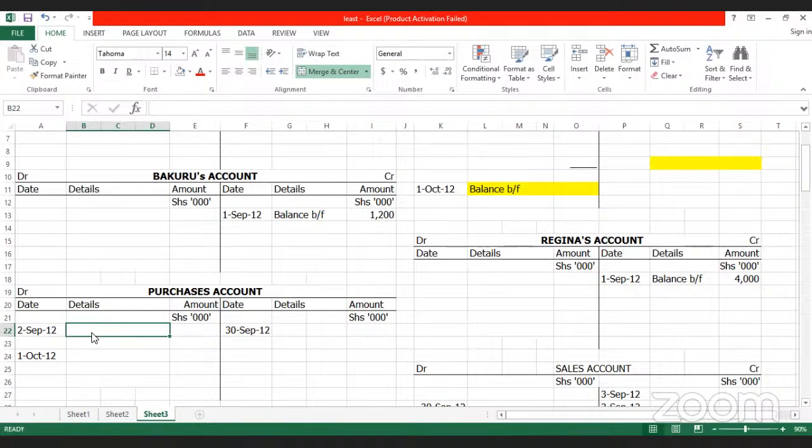Those on YouTube are saying the screen is not clear. Maybe they have a weak network. Let me try to adjust the brightness a bit. Marcia, yes, please.